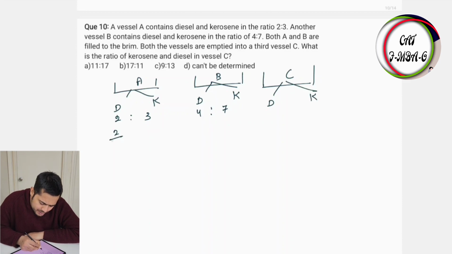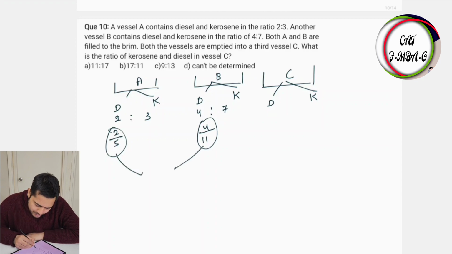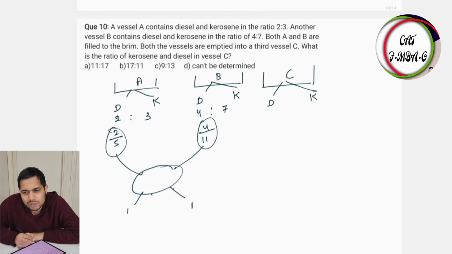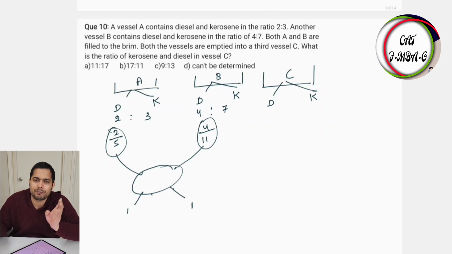2 by 5 is diesel in A, 4 by 11 is diesel in B. You can mix them and then find out what is the ratio in the third vessel. We have mixed them in 1 is to 1 ratio because both are filled to the brim and we have poured them directly.